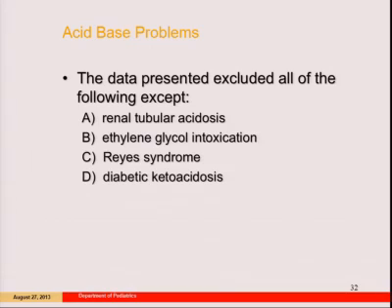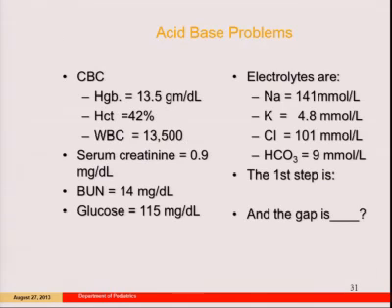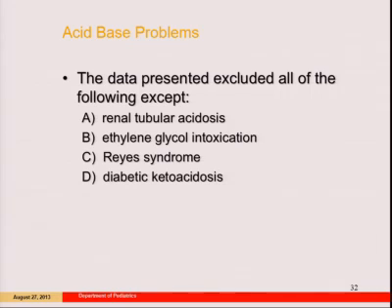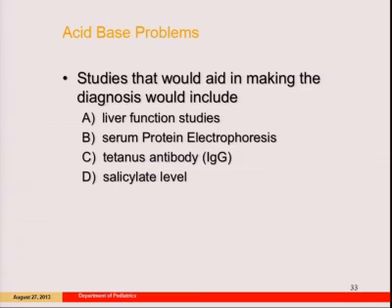It excludes everything except renal tubular acidosis, because that's a non-gap, and Reye's syndrome is probably pretty unlikely anyway. Studies which would aid in making the diagnosis include which?